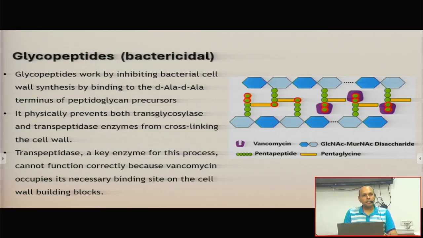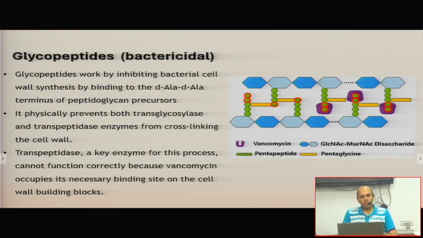So then next is glycopeptides. Glycopeptides are bactericidal. Again, you know what bactericidal is already. Glycopeptides work by inhibiting bacterial cell wall synthesis by binding to the D-alanine terminus of peptidoglycan precursors.